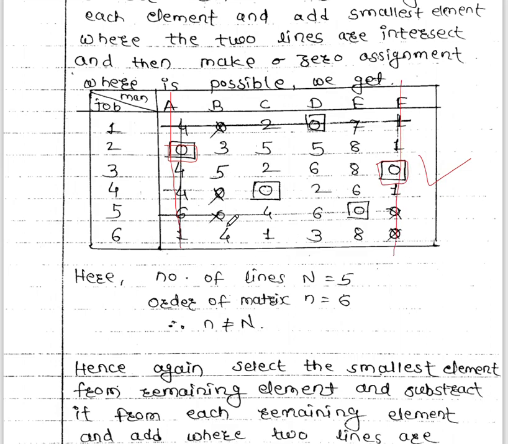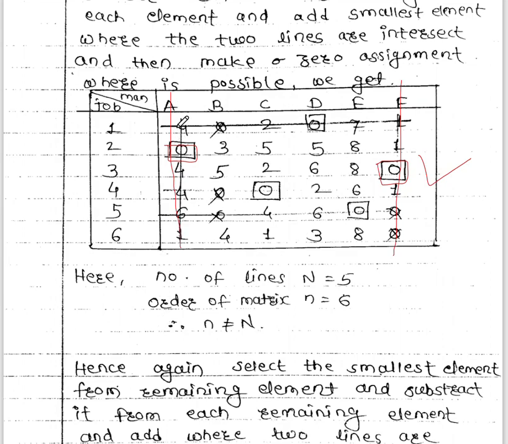In the fourth row there are 2 zeros, and in the fifth row again 2 zeros, so we cannot make a 0 assignment. In the sixth row there is a 0, but it is already crossed, so we cannot make a 0 assignment here.